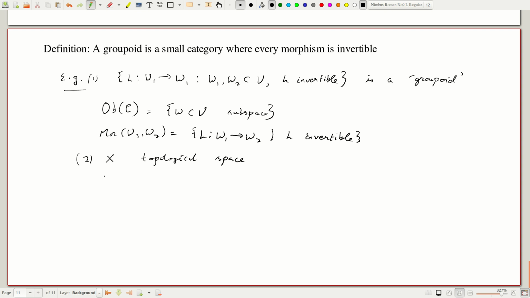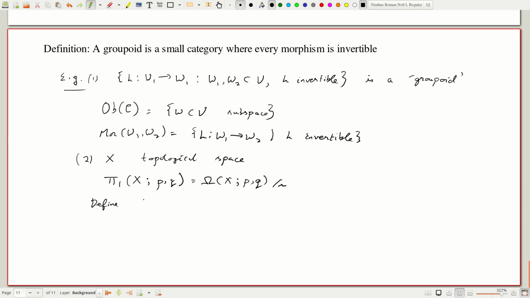Let's take, remember, pi 1 of X with respect to P and Q. This was actually the omega of X, P, Q, the space of paths from P to Q, up to an equivalence relation. Okay, so define a category.